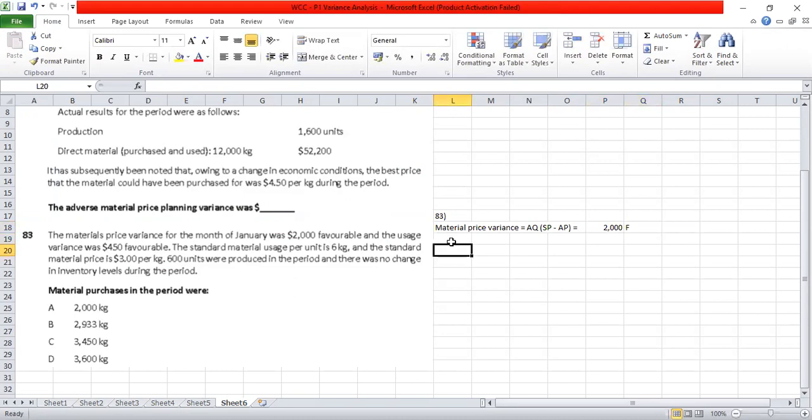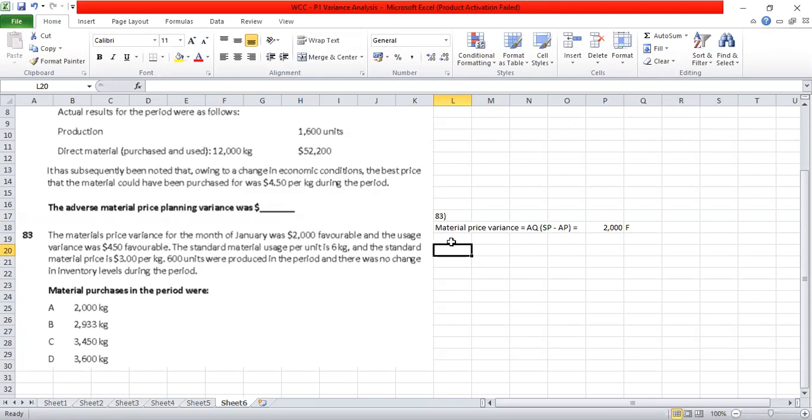Out of the three unknown variables, actual quantity of material, the standard price per kg, and the actual price per kg, so three things have to be known. Standard material price is given as 3 per kg. So one variable we know.